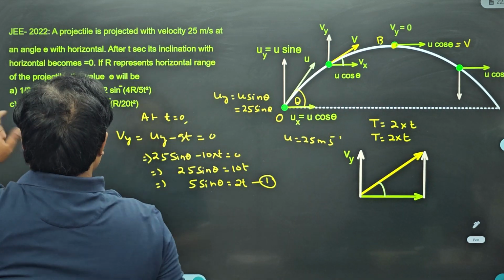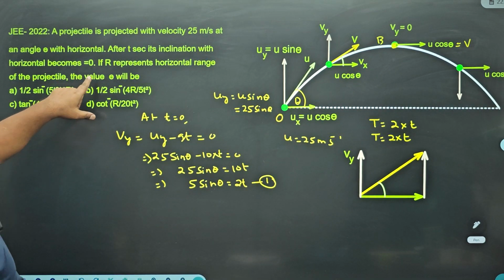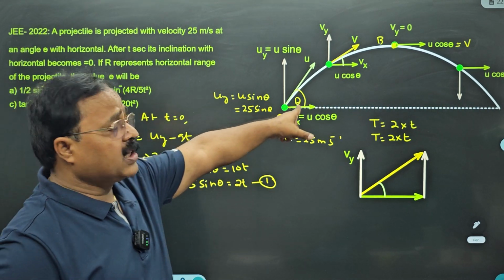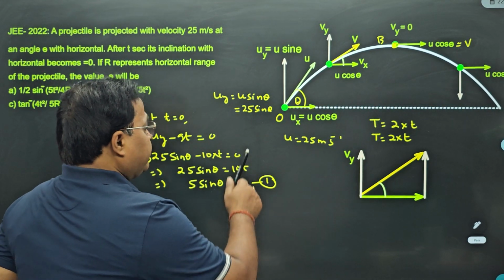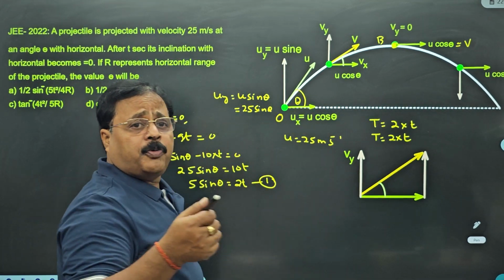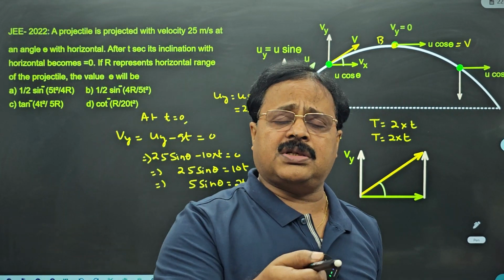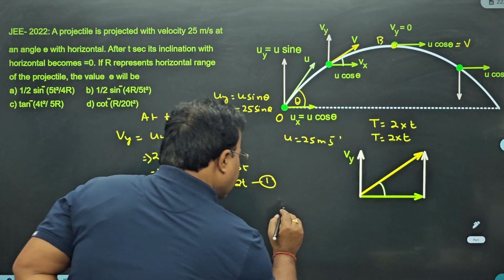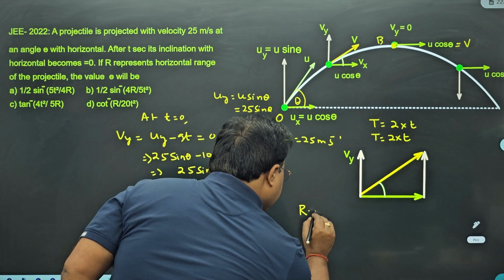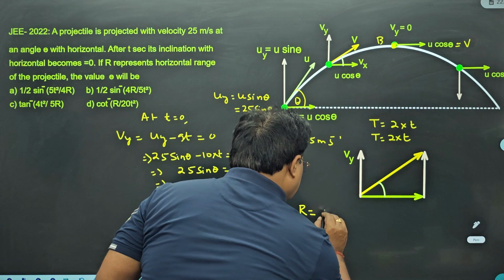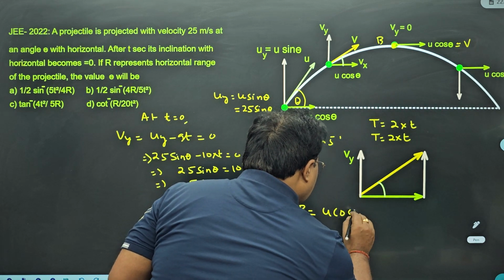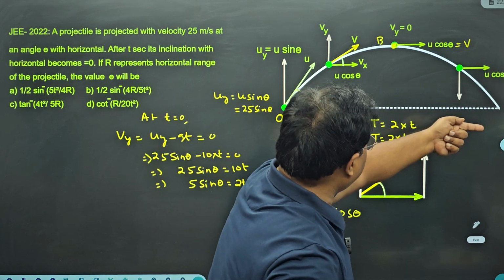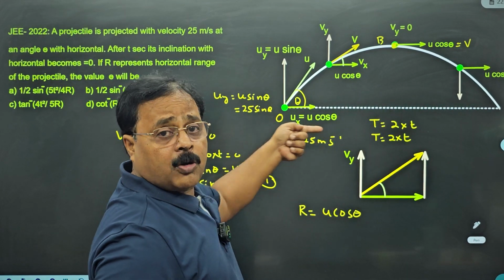Now another piece of information is given. If R represents the horizontal range of the projectile, then you have to find the value of angle theta. You know, horizontal velocity in a projectile motion remains constant. When the speed is constant, distance is equal to speed into time. So in this question, the speed is U cos theta, because the horizontal distance covered by the projectile is due to the horizontal component of velocity.